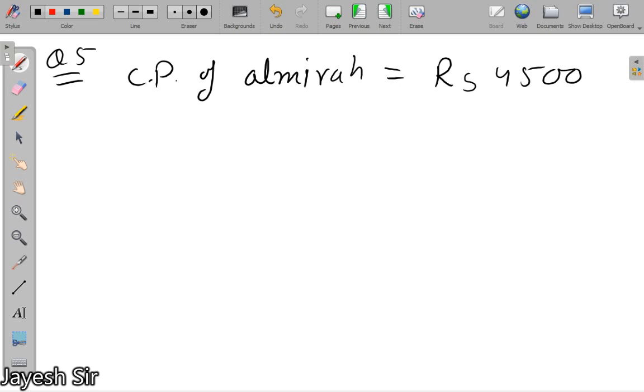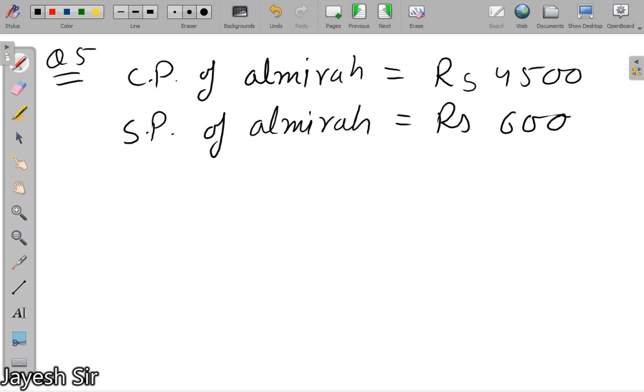And then he sold it for rupees 6000. Selling price of the almirah is equal to rupees 6,000. Now we have to determine profit or loss percentage. Again, quite easy.